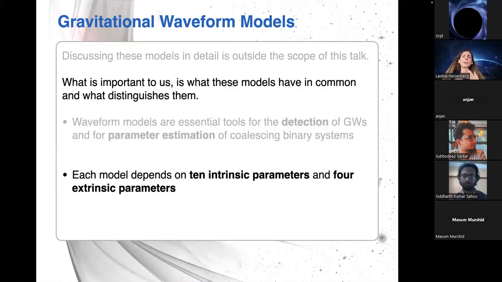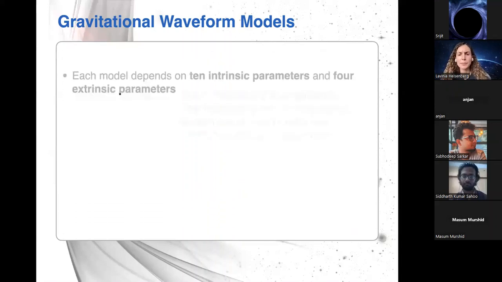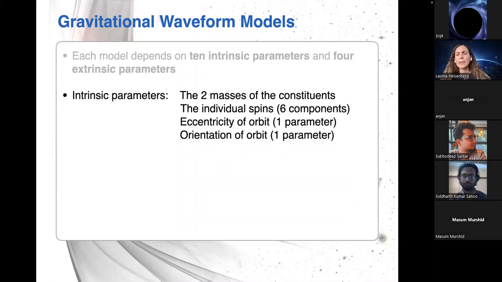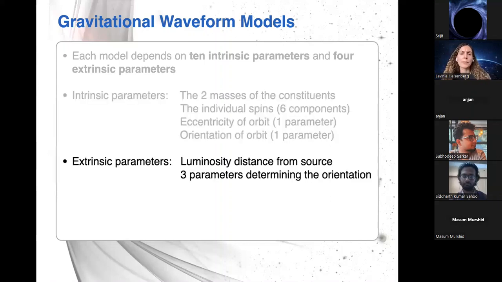Each model uses different approximations and different theoretical approaches, and therefore introduces different parameters as well. Each model typically depends on 10 intrinsic parameters and 4 extrinsic parameters. For example, the intrinsic parameters are the two masses of the involved objects, the individual spins, the eccentricity of the orbit, the orientation of the orbit, and so on. And extrinsic parameters are like the luminosity distance from the source, or the parameters determining the orientation, and so on.